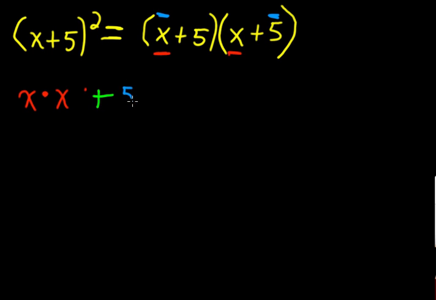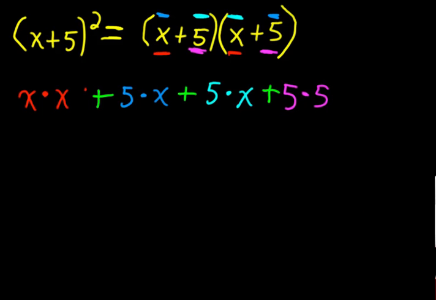So that's 5 times x. My inners, that's on the inside, and that's on the inside. That's 5 times x. And then my lasts, that's last, and that's last. The 5 is our lasts. So that's going to give me a 5 times 5.